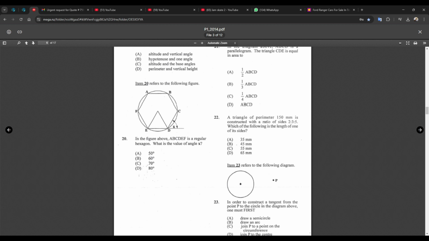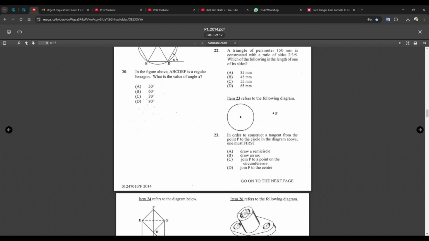And then divide the total perimeter by the sum of the ratio quantities. So 150 divided by 10 is 15. So each unit is 15. So 2 by 15 is 30. 30 is not here. 3 by 15 is 45. That's B. And 5 by 15, it's not here. All right, so the answer is B, 45.